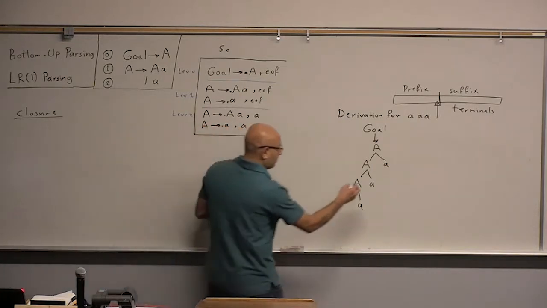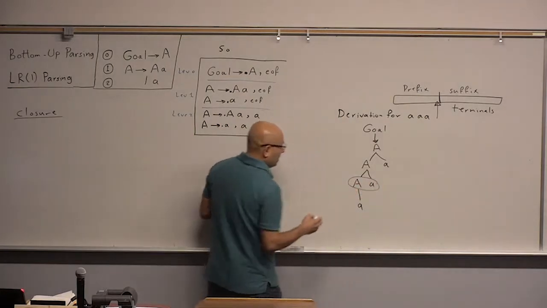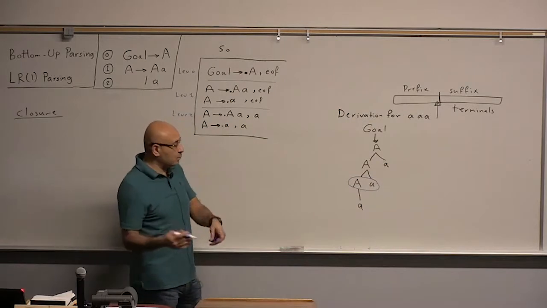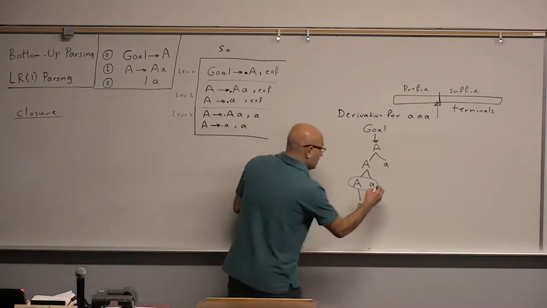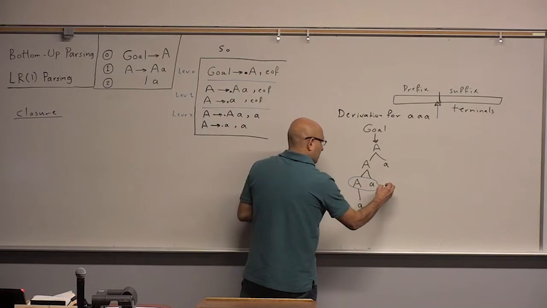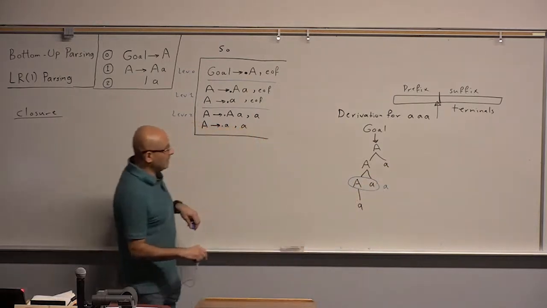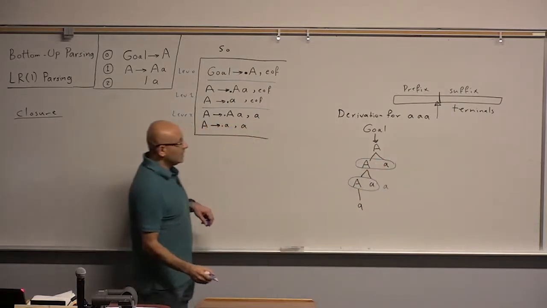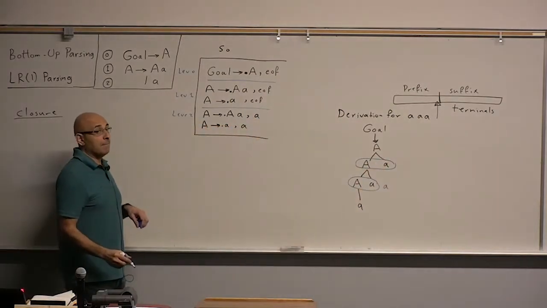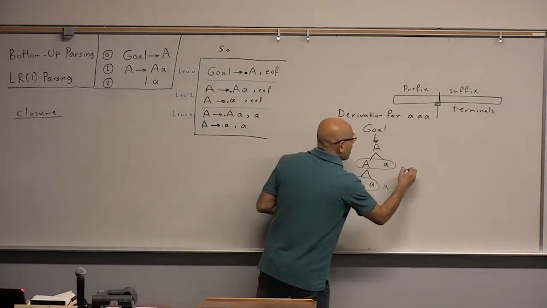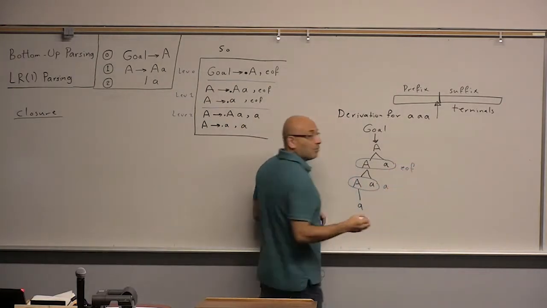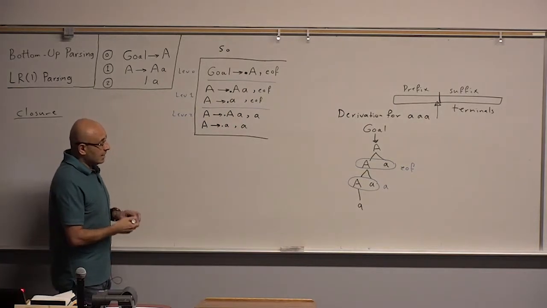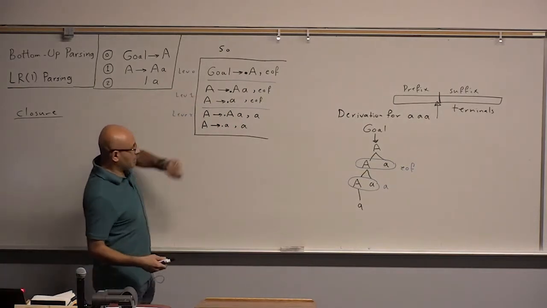Here we have an AA, and the look ahead that we should be looking for in the input is going to be an A. So this is an AA followed by an A, while this is an AA followed by an end of file. So there are multiple possible followers, multiple possible look aheads for this particular production.